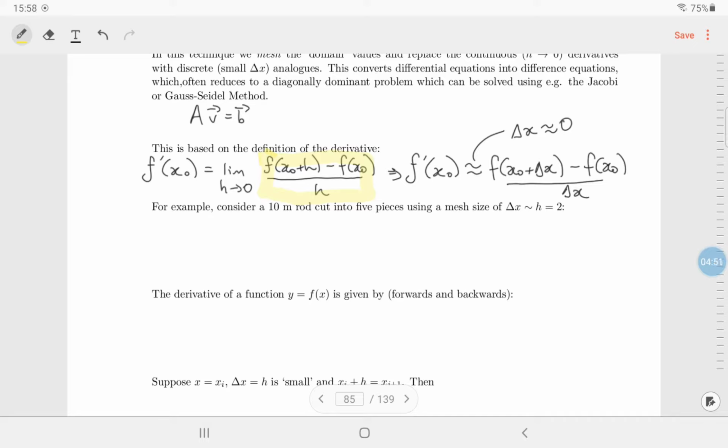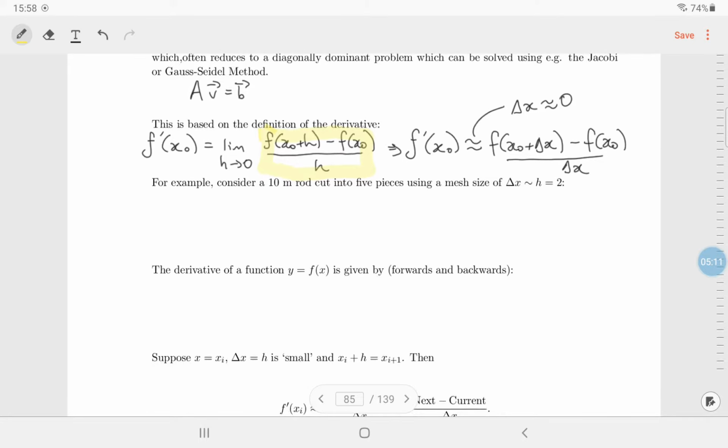Suppose you stop at 0.1. Now you're heading towards the derivative, so with delta x or h equal to 0.1, you have an approximation of the derivative. If you let h get even smaller, you're even closer to the derivative. Let's see an example of this.